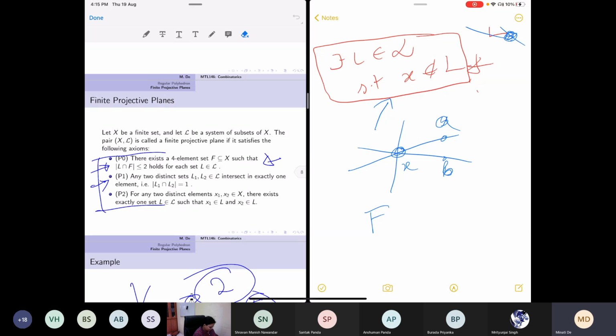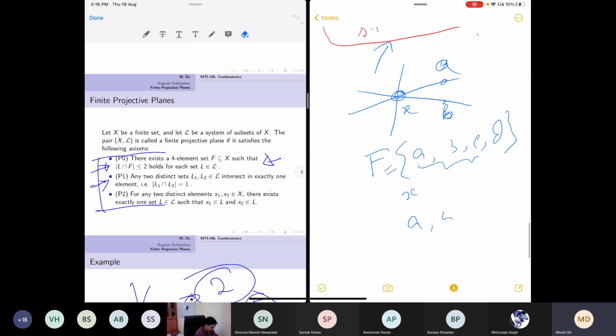Okay, let's consider this. F has exactly 4 points and they are distinct, right? So if you have some point X, you will always be able to find 3 points from F which are distinct from X. Let's say those 3 points are A, B, and C. They are distinct from X.